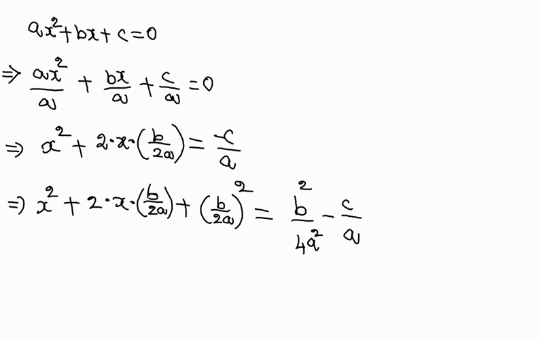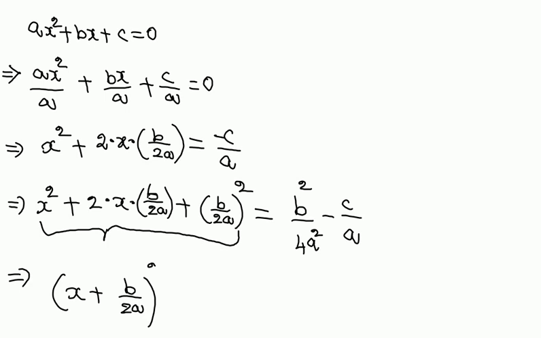So if you observe the left hand side portion, it is in the form of a square plus 2ab plus b square. So it is a perfect square. So it is the square of x plus b by 2a whole square. Now simplify this right hand side, 4a square and a. So the LCM is 4a square.